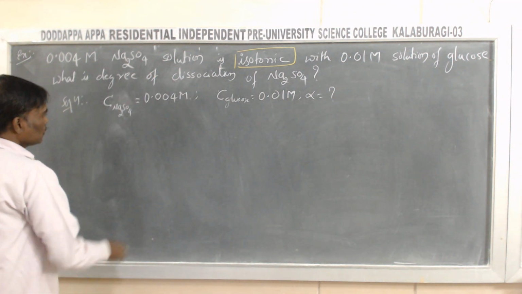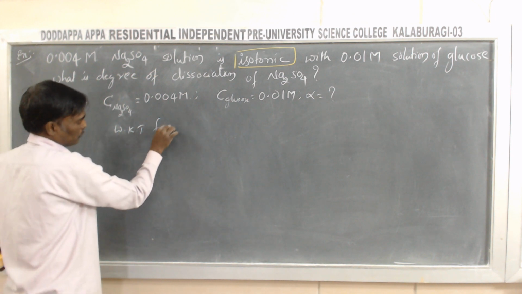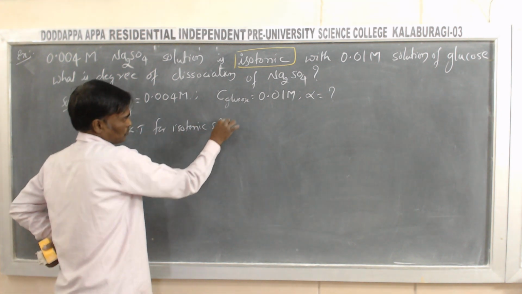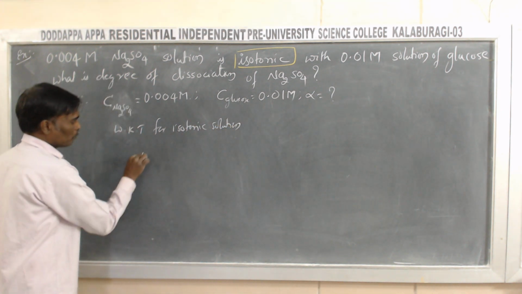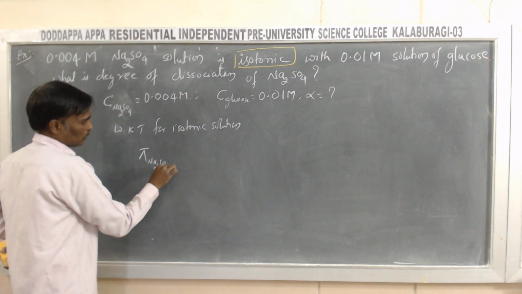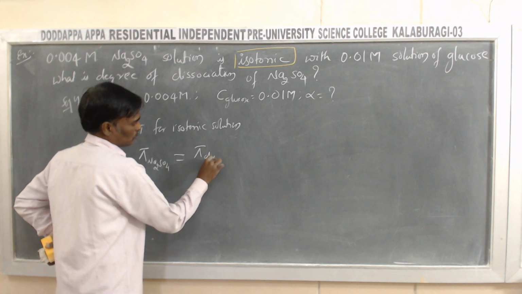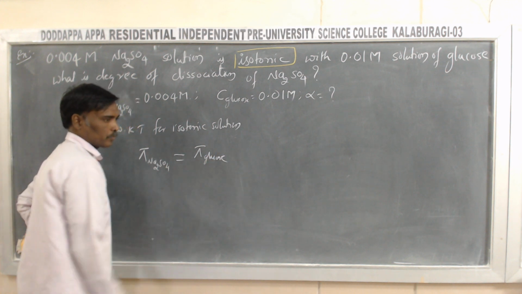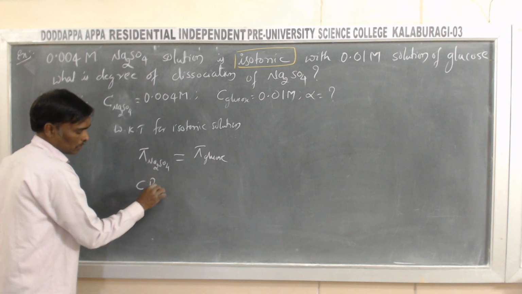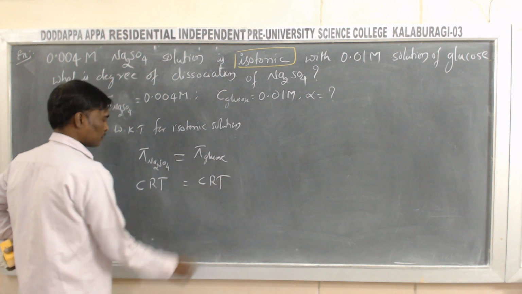Now since they are isotonic, we know that for isotonic solutions, pi of Na2SO4 is equal to pi of glucose. Here pi is defined as CRT and here also pi is defined as CRT.